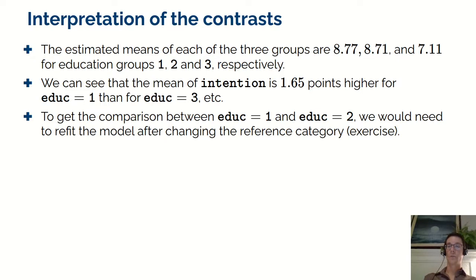And what you get are, of course, contrasts. So if you wanted to get the difference between education 1 and education 2, here it wouldn't be difficult. You can just subtract the average of 1 and the average of 2, or subtract the parameter beta 1 hat and beta 2 hat. But if you wanted to see how it's done, you can also refit the model by changing the reference category, and I'll leave you this exercise.